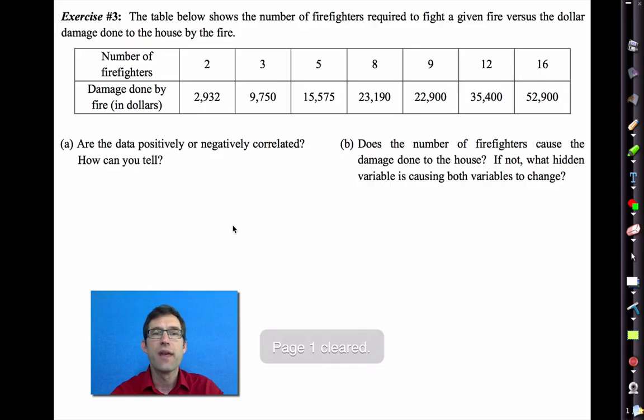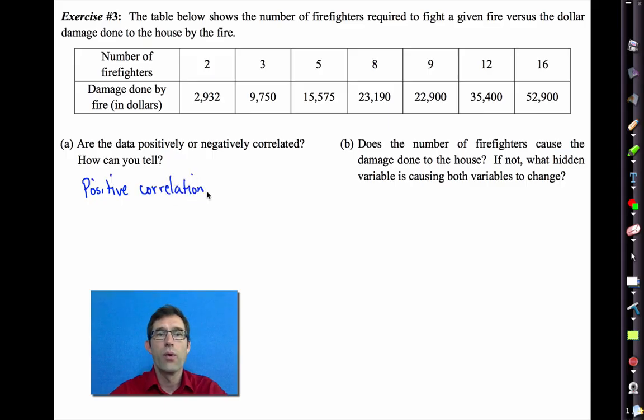Letter A. Are the data positively or negatively correlated? How can you tell? Pause the video now. All right, well, fires aren't a positive thing, but that's not what this is about. This is a positive correlation.